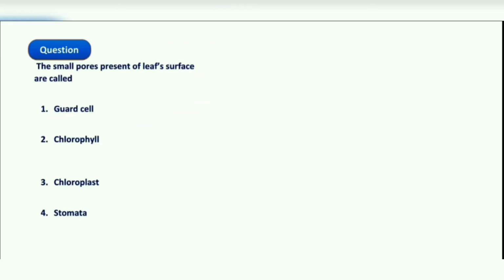Coming to the next question: the small pores present on the leaf surface are called dash. Pores means the tiny pores present on the surface of the leaf, which are called stomata. So stomata is the answer here.